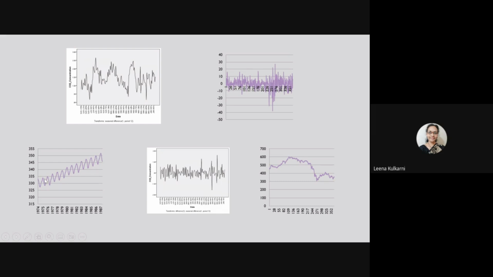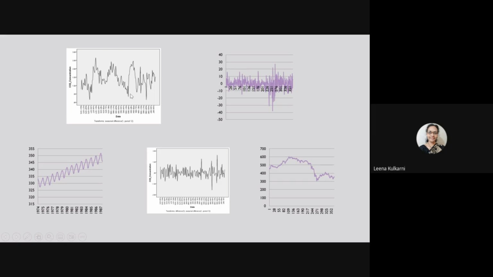If you try to draw a line through the midpoints of these data points, which is the series level value, then it's a slanting line. It's not a straight line which is parallel to the x-axis.